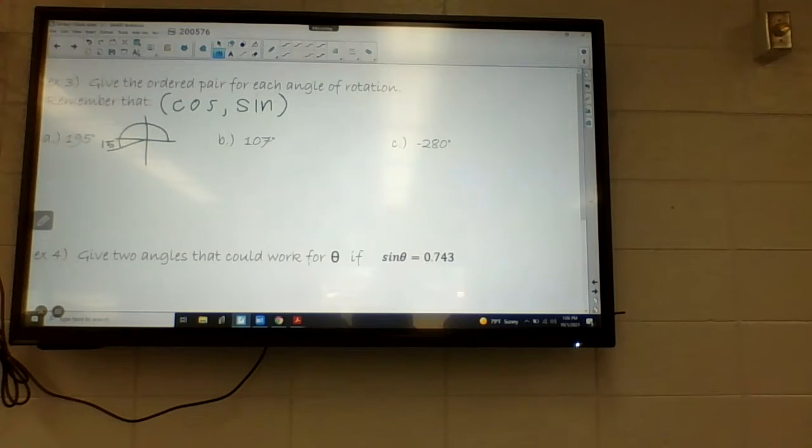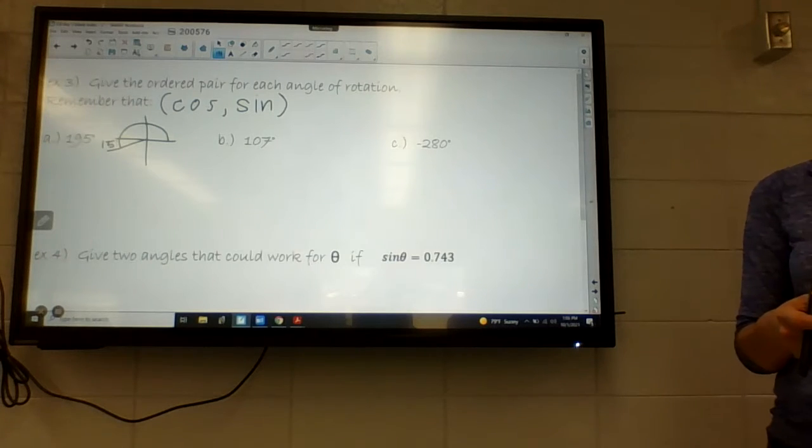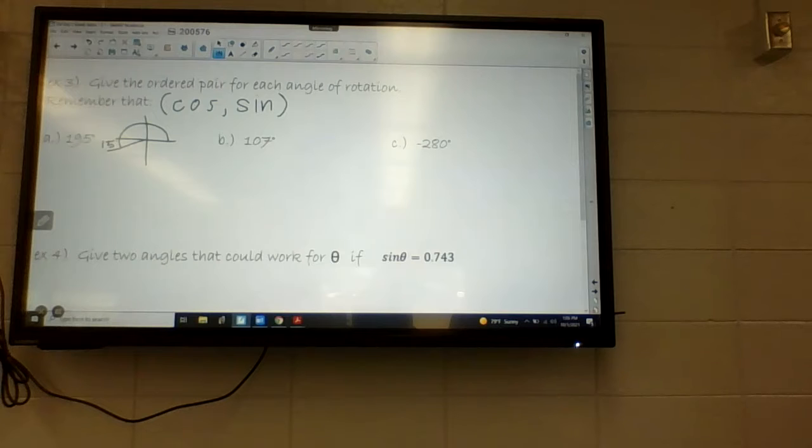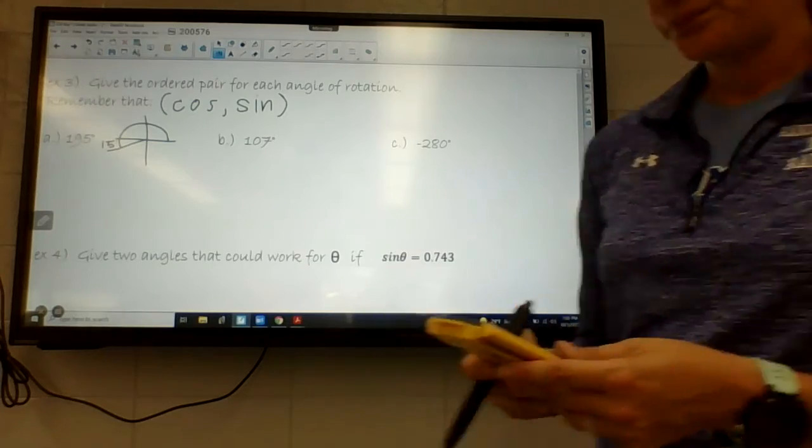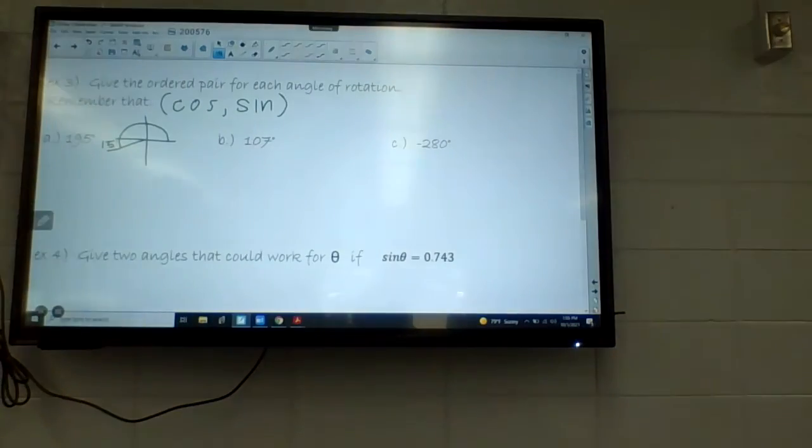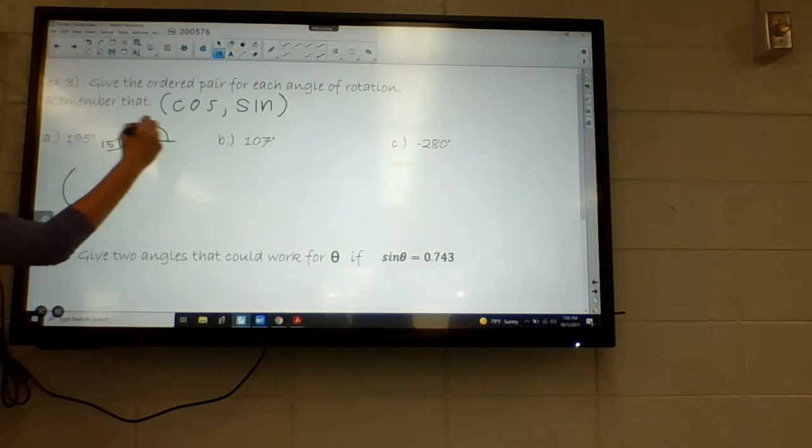So you can grab your calculator. And you're going to do inverse cosine of 195. Now again, not inverse cosine, just cosine of 195, sorry. Cosine of 195.